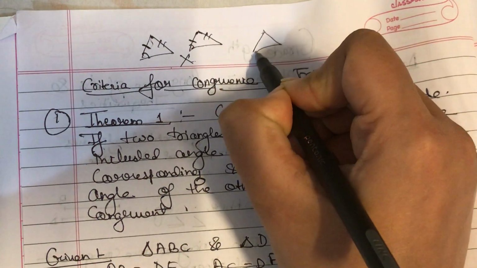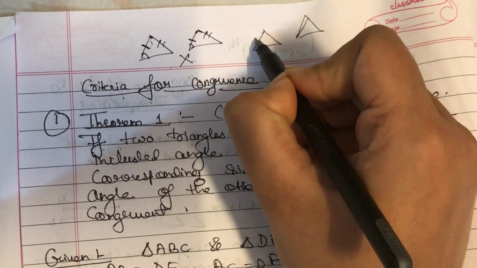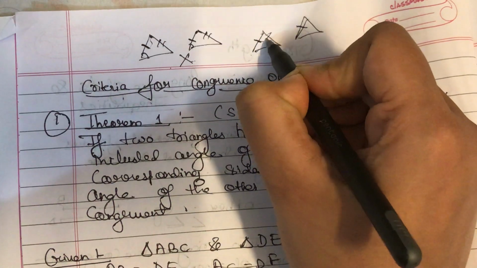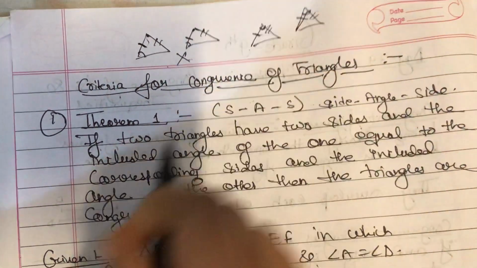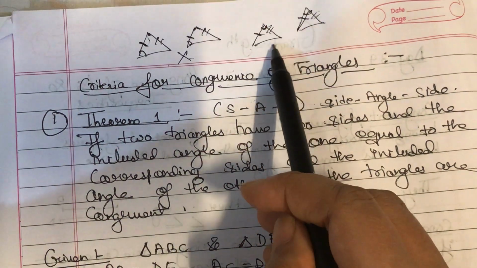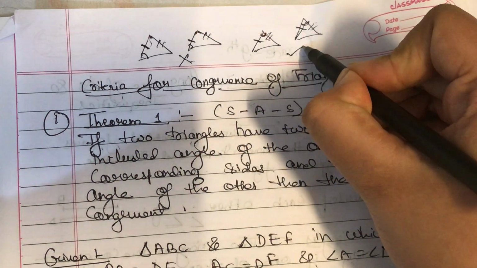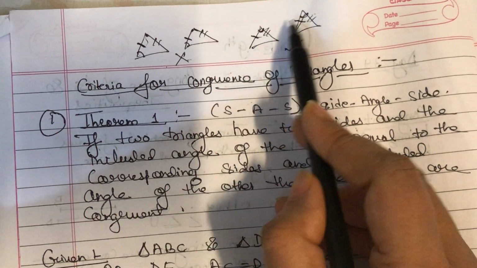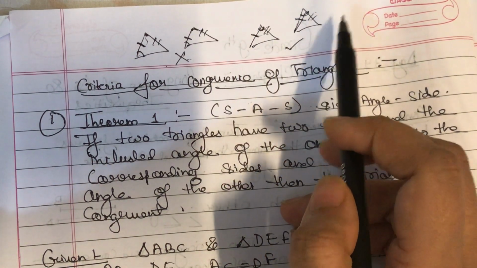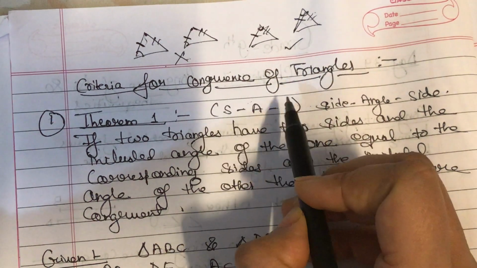Now if I take this pair of triangles where this side is equal to this side, this side is equal to this, and this angle is equal to this angle, then in that case I can say that they are congruent using SAS criteria. Why? Because the angle lies in between the equal sides. This is very important.